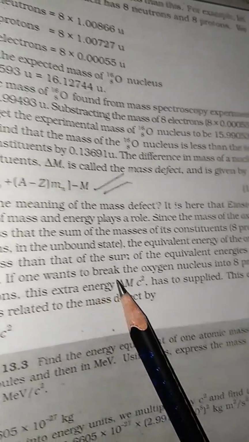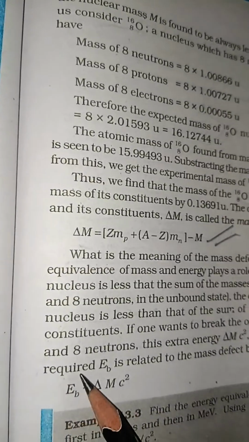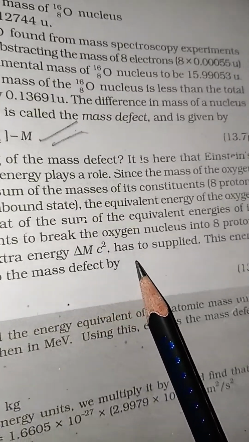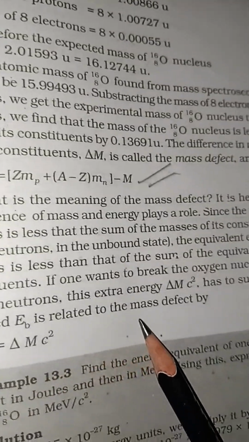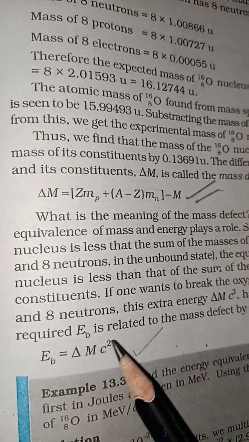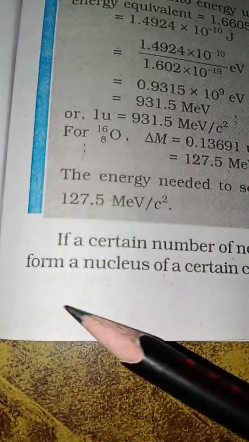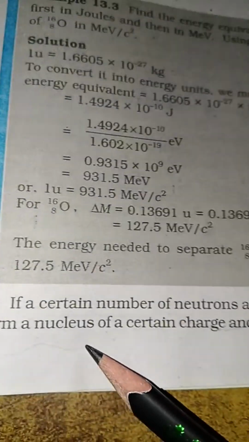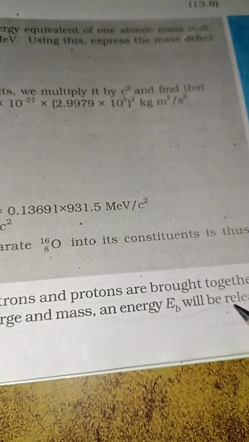If one wants to break the oxygen nucleus into 8 protons and 8 neutrons, this extra energy, delta m c², has to be supplied. This energy required, Eb, is related to the mass defect by Eb = delta m c². And the next one is: if a certain number of neutrons and protons are bound together to form a nucleus of a certain charge and mass, an energy Eb will be released.